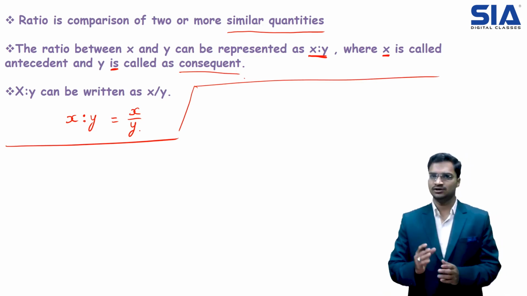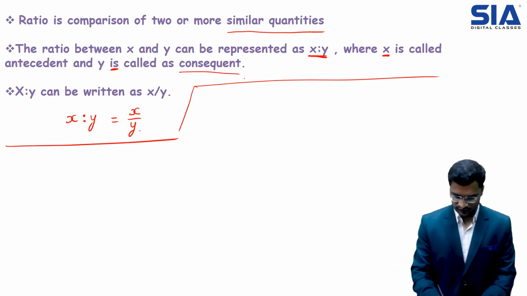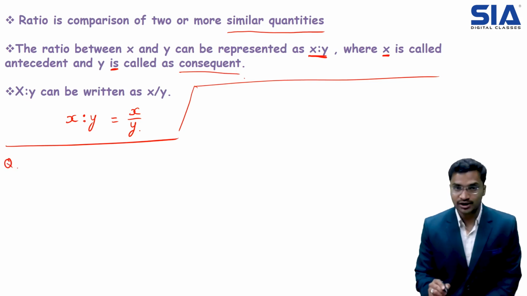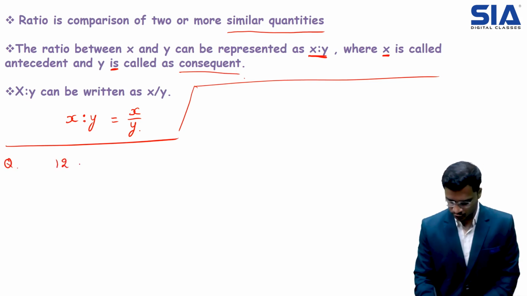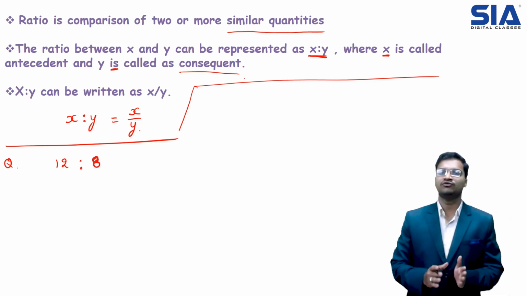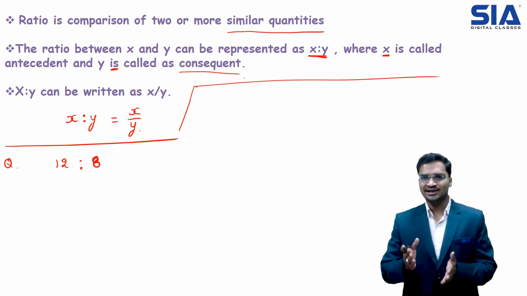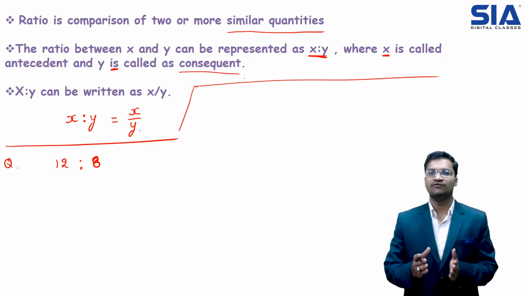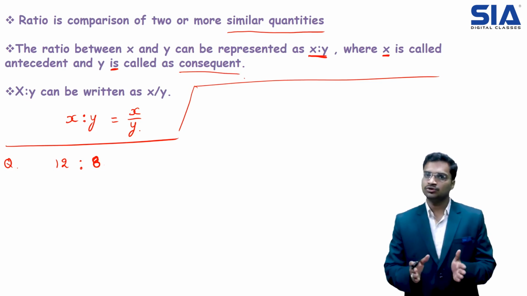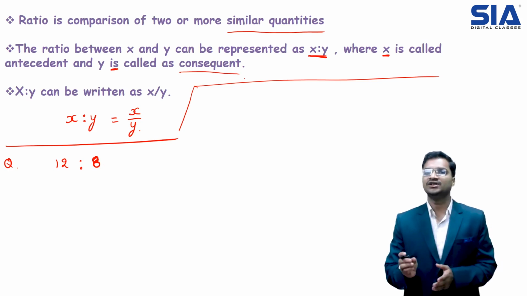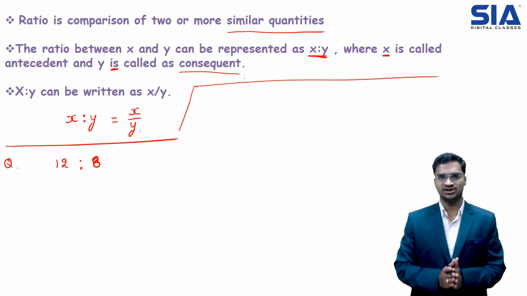So let us see one simple question on this ratio. If I want to find the ratio of 12 and 8, what I have to do now is see which number is common in both of these numbers.